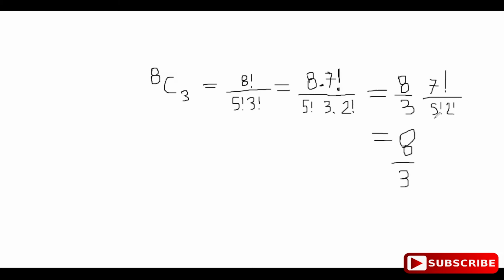That's 7 choose 5 or 7 choose 2. 7 choose 2 is 7 factorial over 5 factorial times 2 factorial. And that's how you work it out. Easy question.